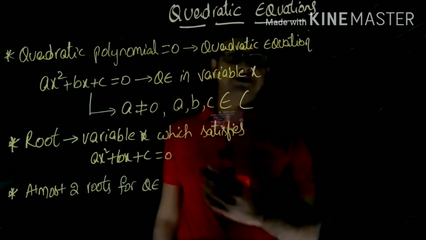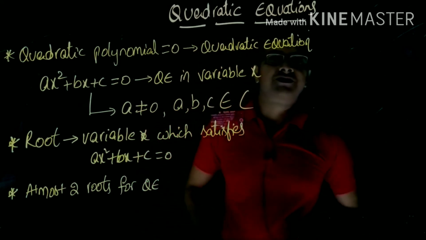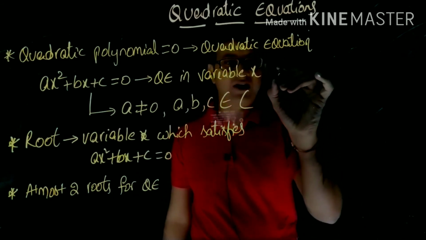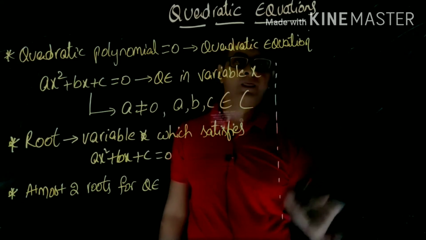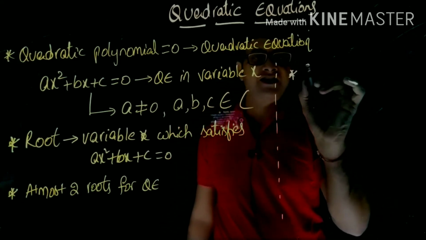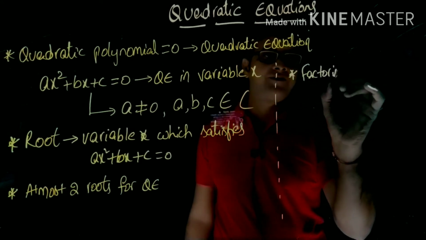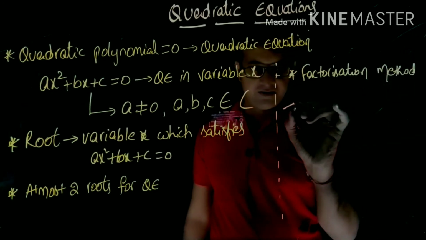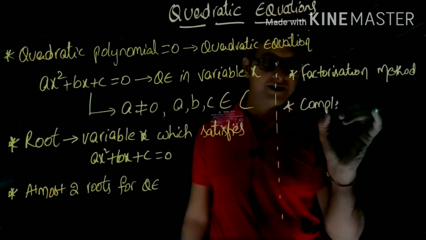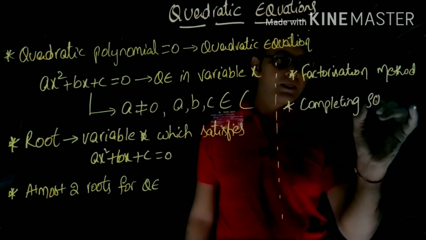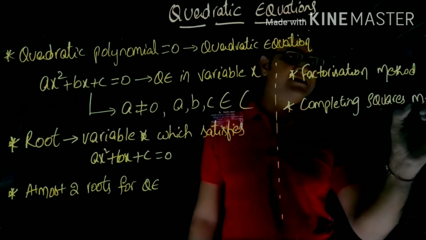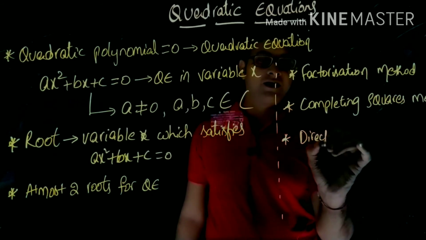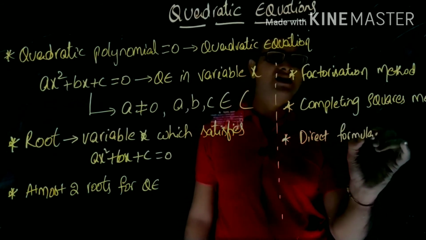So in order to calculate the value of the root, we have some techniques, which are the factorization technique, the completing the squares method, and at the same time the direct formula, which we normally call Sridharacharya's rule.